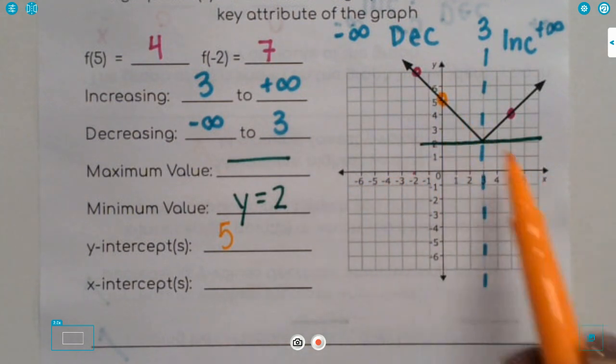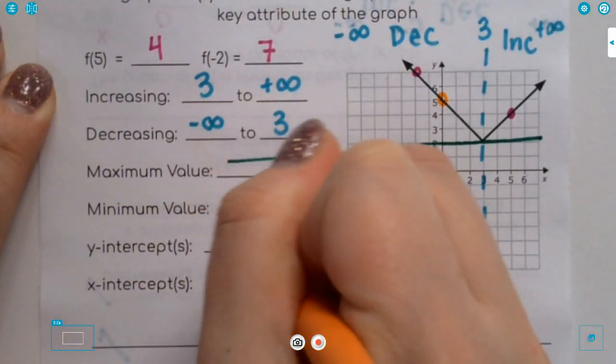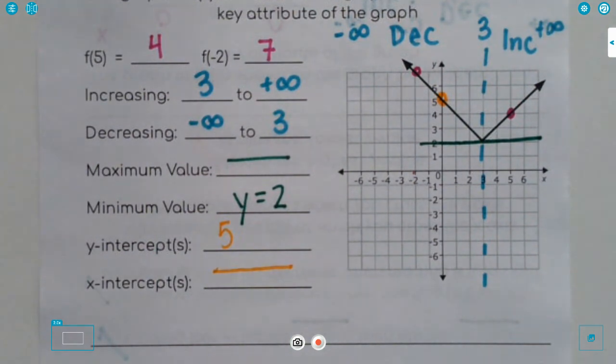It doesn't. It never comes low enough to cross. So if you ever don't have an x or a y-intercept, again, just mark it off. Either put a dash through it or write NA, not applicable, so I know that you didn't just skip it. You understand that there isn't an answer.